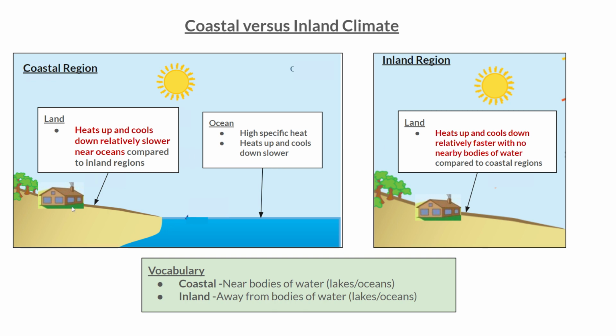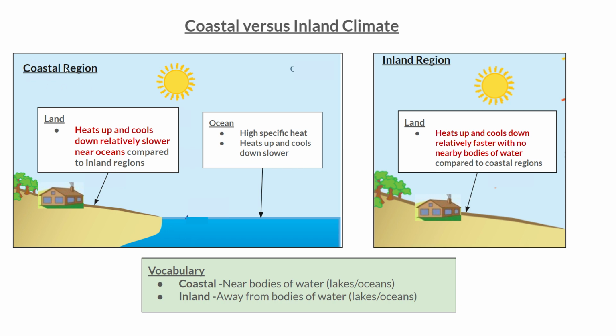So notice, since this area is near the ocean, it heats up and cools down relatively slower compared to inland regions, right? Inland regions, places that aren't really surrounded by water, don't have any influence from water nearby. So those places will heat up much faster and also cool down much faster than land that is near oceans.